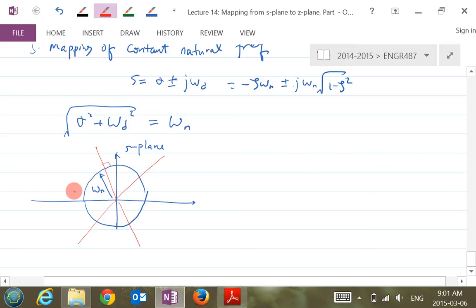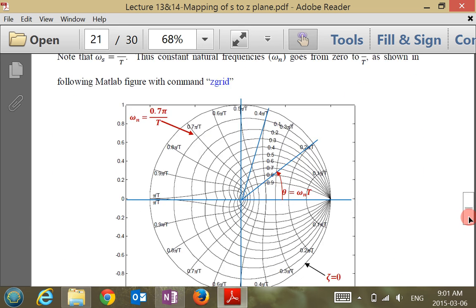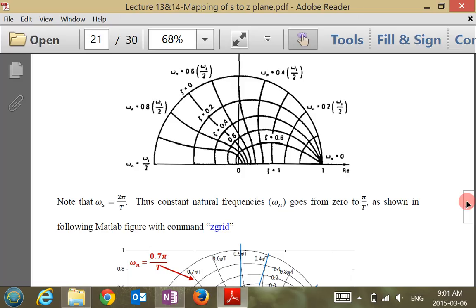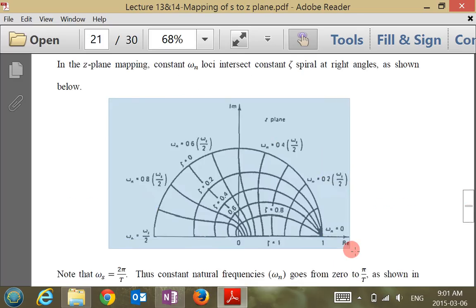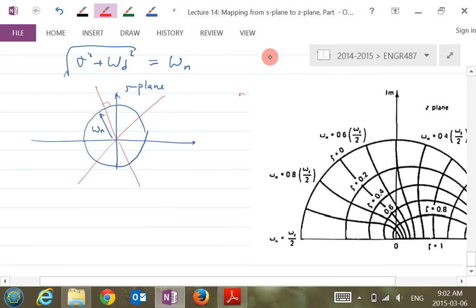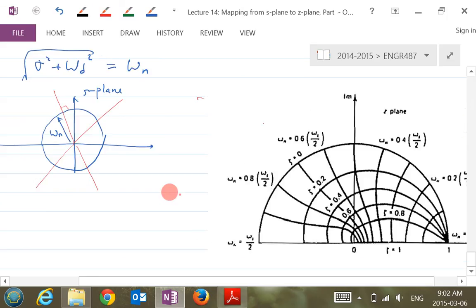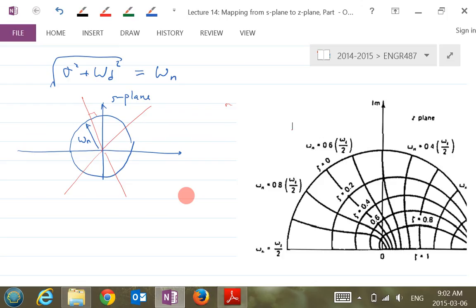So after the mapping, this is what it's going to look like. You have a whole bunch of lines here.